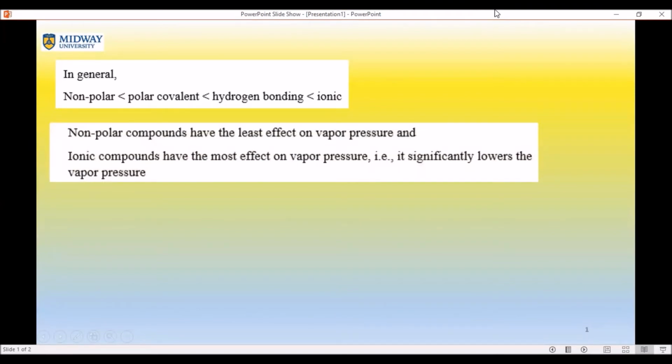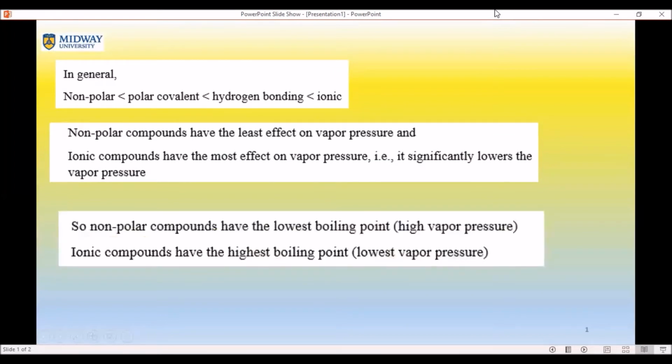So nonpolar compounds have the least effect on vapor pressure, and ionic compounds have the most effect on vapor pressure, in that it significantly lowers the vapor pressure. What does it mean? It means compounds that are ionic would have a higher boiling point compared to hydrogen bonding, and compounds that have hydrogen bonding have a higher boiling point compared to compounds that are polar covalent, and compounds that are polar covalent have a higher boiling point compared to compounds that are nonpolar, right?